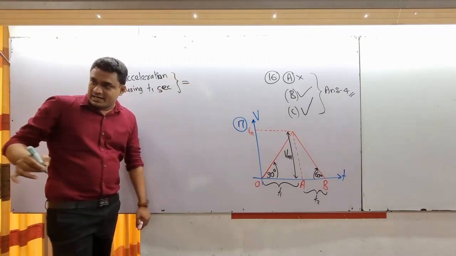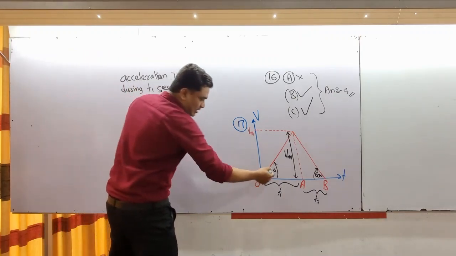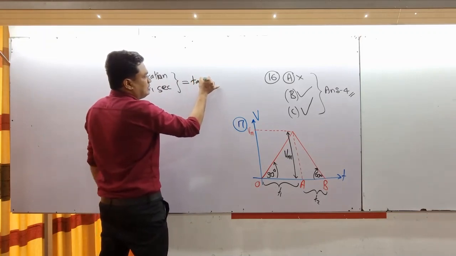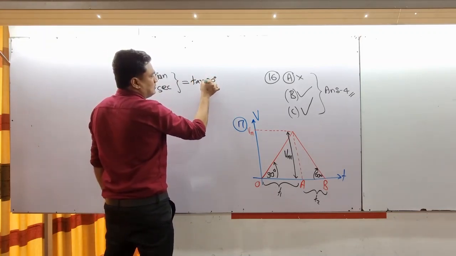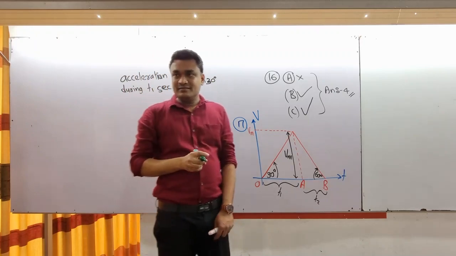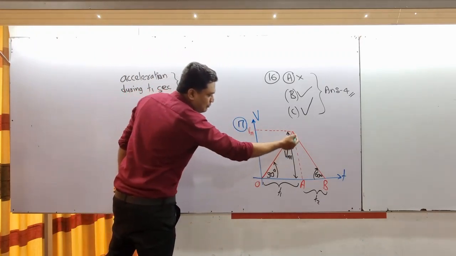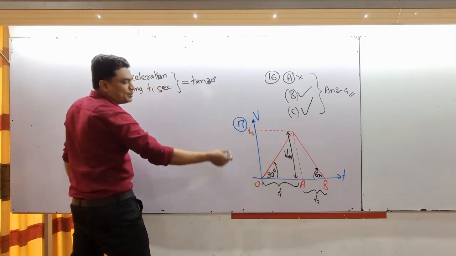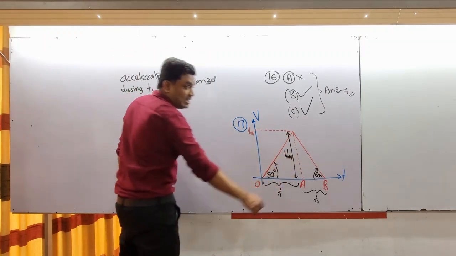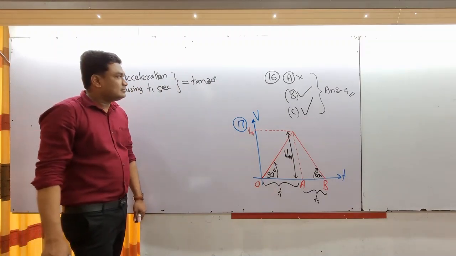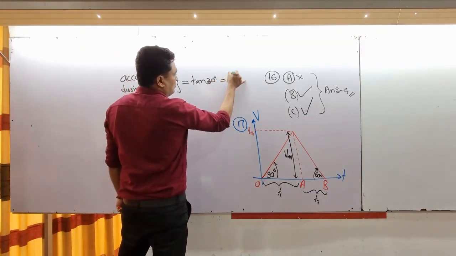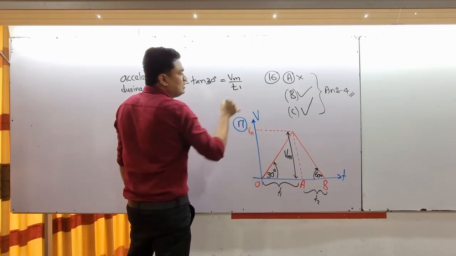That is the gradient. Gradient means tan theta. Tan theta means tan 30. Am I right there? Tan 30 from this triangle is the opposite side Vm divided by this side T1. So that is Vm over T1.